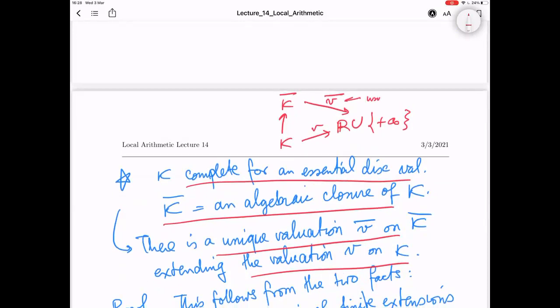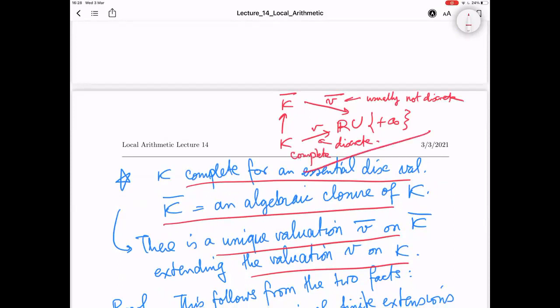So it's usually not discrete. This one is discrete. That's what we have. And K is complete for this discrete valuation.